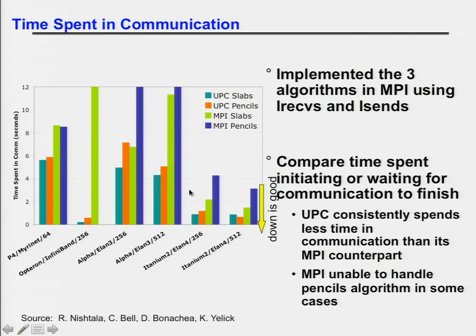Now down is good because the vertical axis is time. The first two colored bars are UPC. The next two colored bars are MPI. So UPC always wins, sometimes by a very large margin. In fact, there is no bar here for MPI with pencils because MPI kept crashing. It couldn't handle all the little tiny messages. So you can see that there's a significant improvement in the communication time.